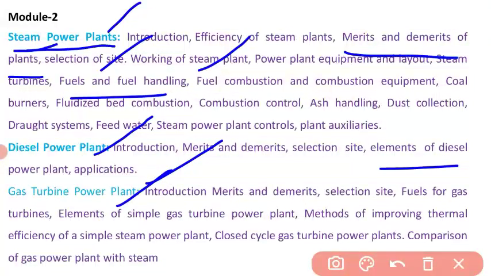Here: introduction, merits and demerits, selection of site, fuels for gas turbines, elements of a simple gas turbine power plant, methods of improving thermal efficiency of a simple gas turbine power plant, closed cycle gas turbine power plant, and comparison of gas power plant with steam. These are the syllabus under module 2.